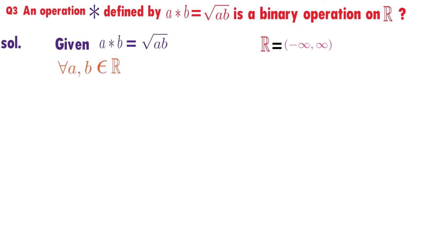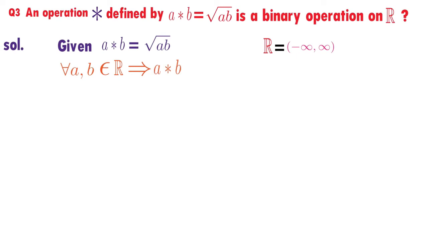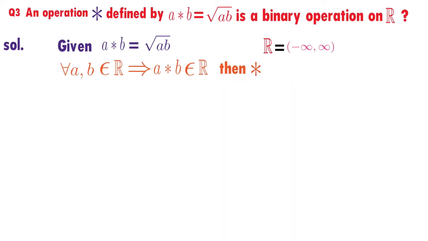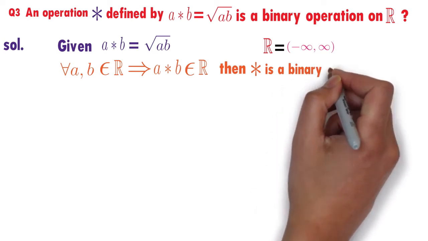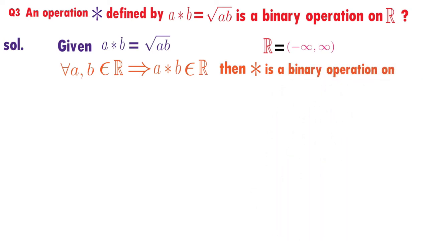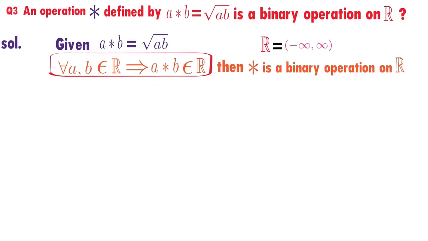For every a comma b belongs to R implies a star b belongs to R, then star is a binary operation on real numbers. Now we need to check this condition.